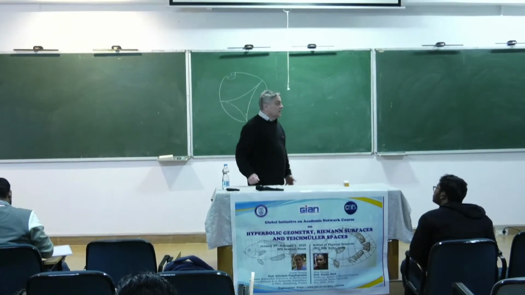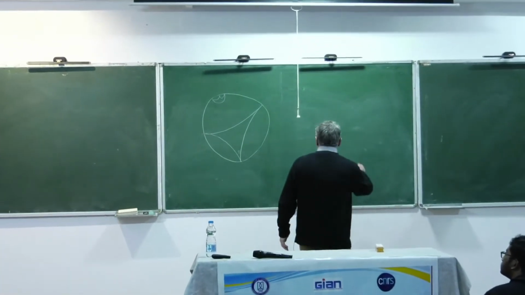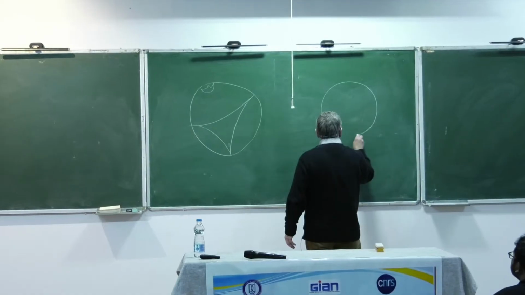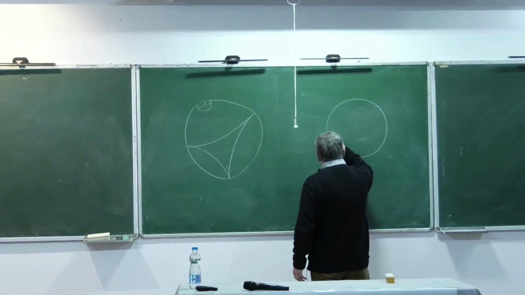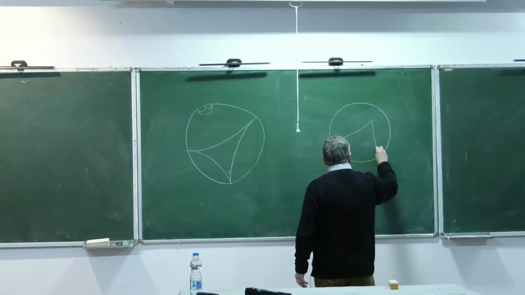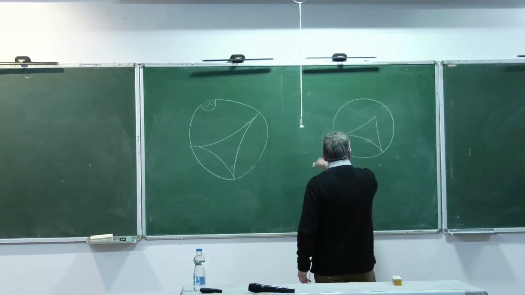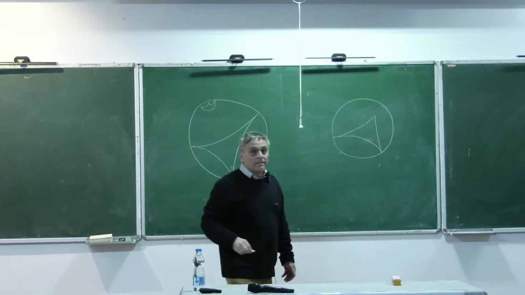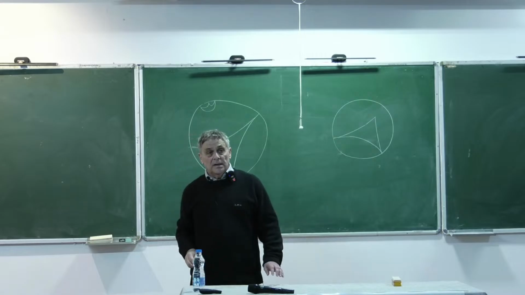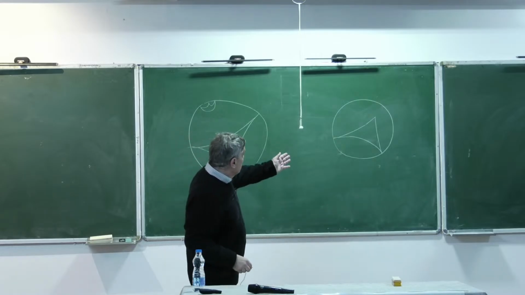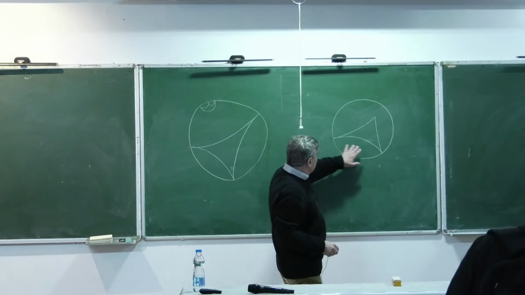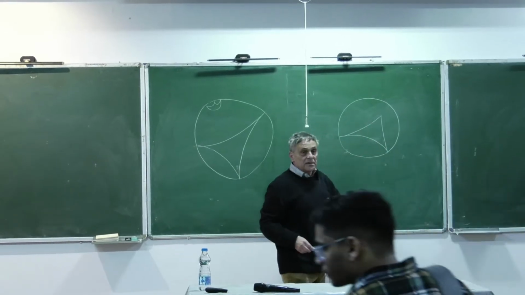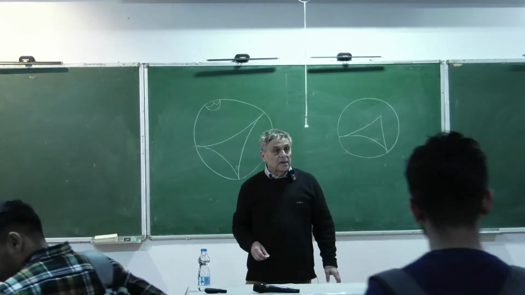If I take other figures in the hyperbolic plane, like this one. This is a triangle with two vertices at infinity and one vertex in the hyperbolic plane.